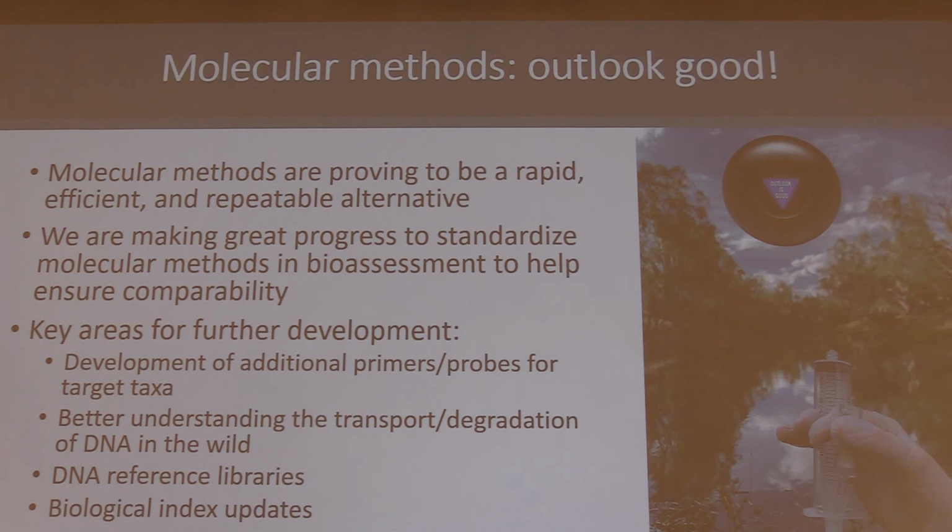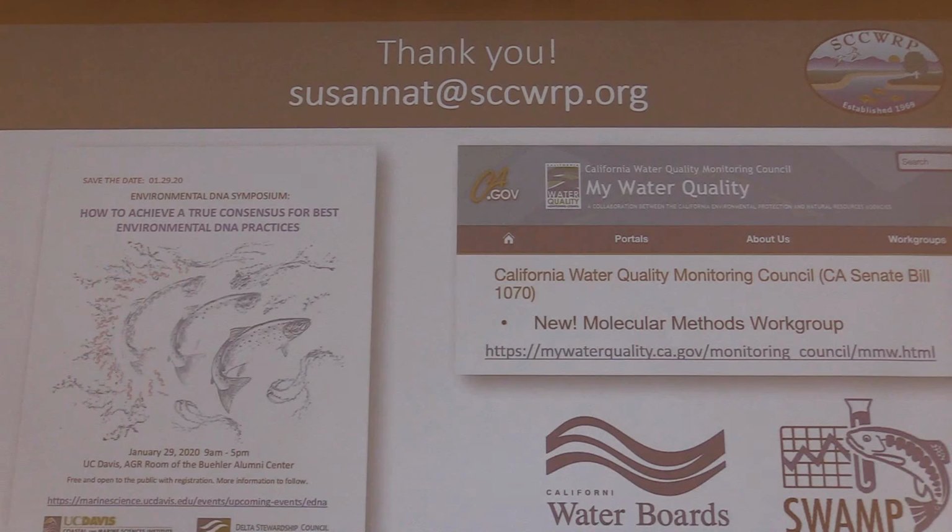We have a couple of key areas for further development, which I went over today, including developing additional primers and probes for target taxa, better understanding how DNA moves out in the wild, improving our DNA reference libraries, and hopefully also adapting our existing biological indices to ensure that they perform as well as can be with these DNA-based approaches, and we ensure good data for decades to come.